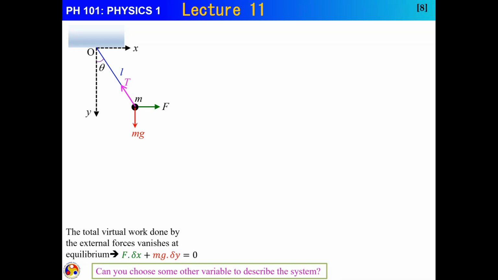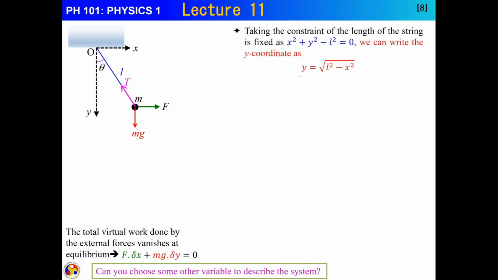So now by taking that into account, we can exchange this coordinate such as y equal to root of L square minus x square. Now if you take a derivative of y, for delta y with respect to delta x, L is a constant, so this function turns out to be here.